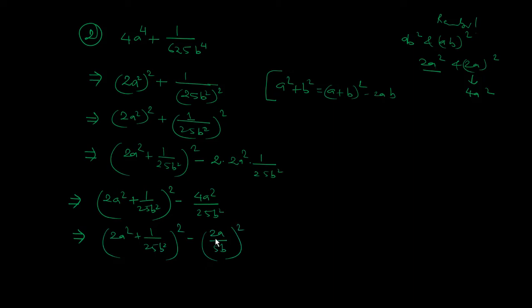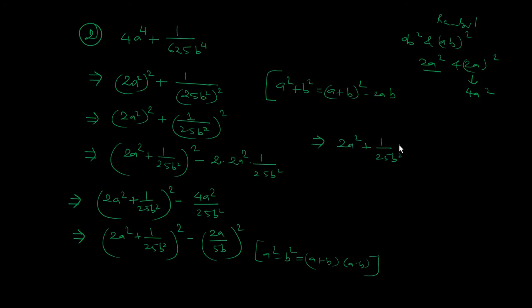(2a square plus 1 over 25b square) whole square minus, this is (2a by 5b) whole square. As I mentioned earlier, this second term should be in square form, otherwise we cannot apply the formula. So I will go to the next step. Now it becomes a square minus b square form.